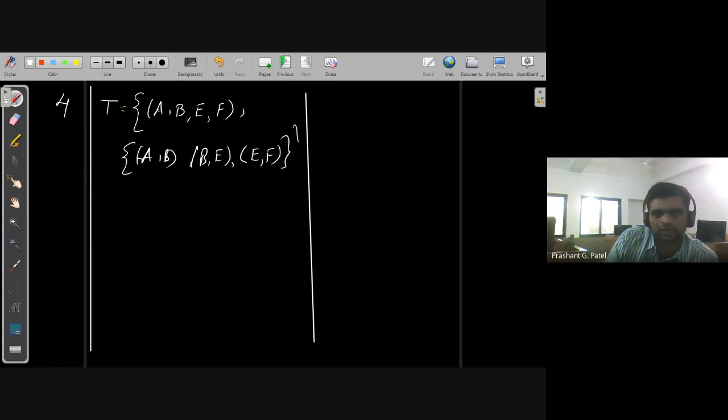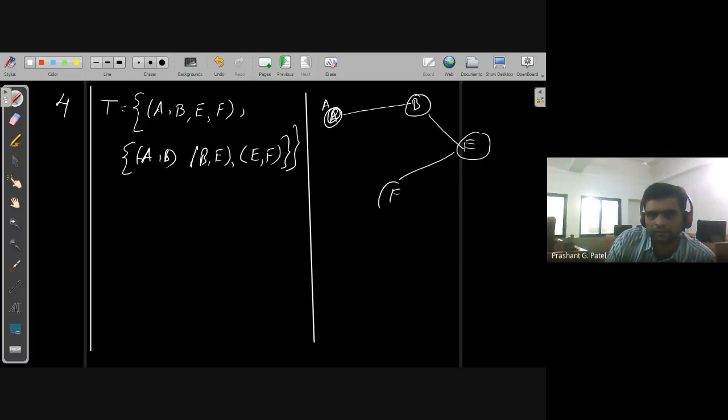These three edges are there. And the corresponding graph you will have is A here, then B, E, and then E connects to F.